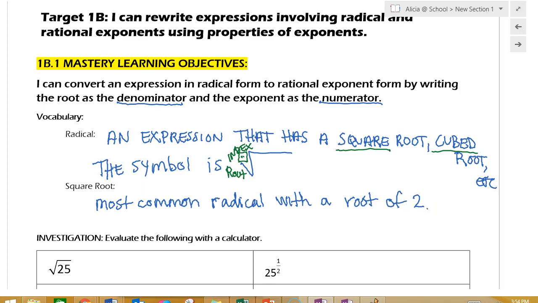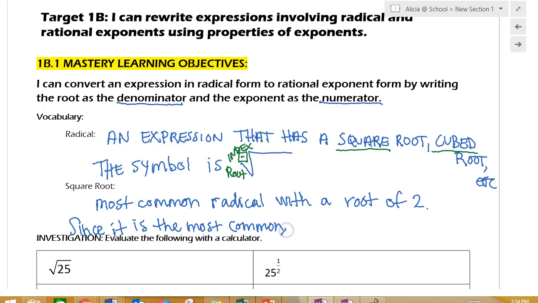And since it is the most common, you never really see that 2 in that little index box that I was writing up above.